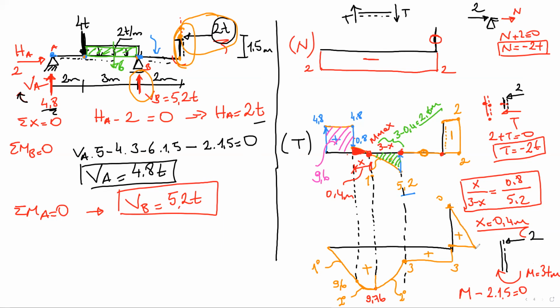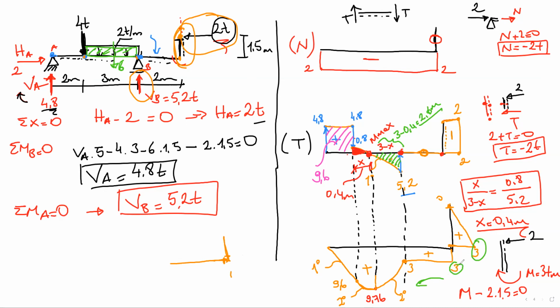It's 3. And another trick here: if we have a corner like this in the structural system, the moment at each side of the corner is equal. Now we can check it. I calculated this moment from here, and the other moment from this portion.